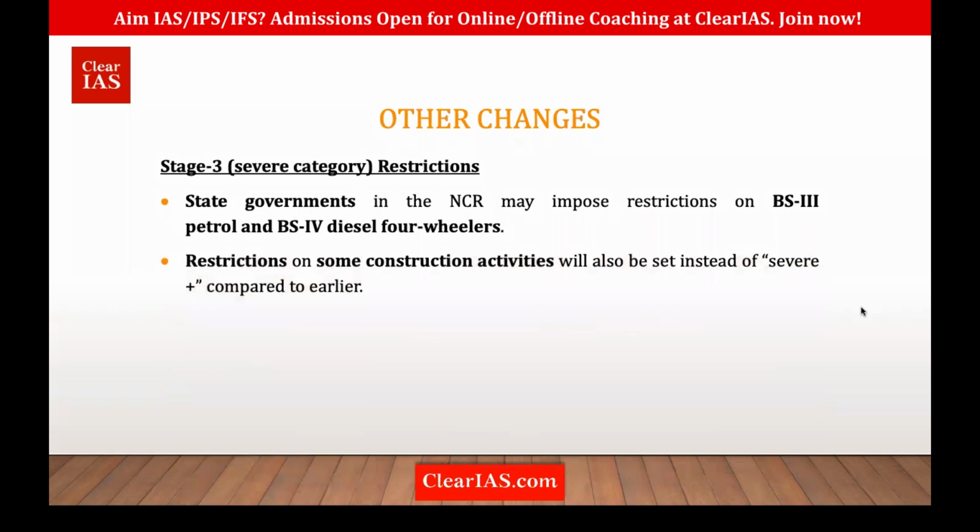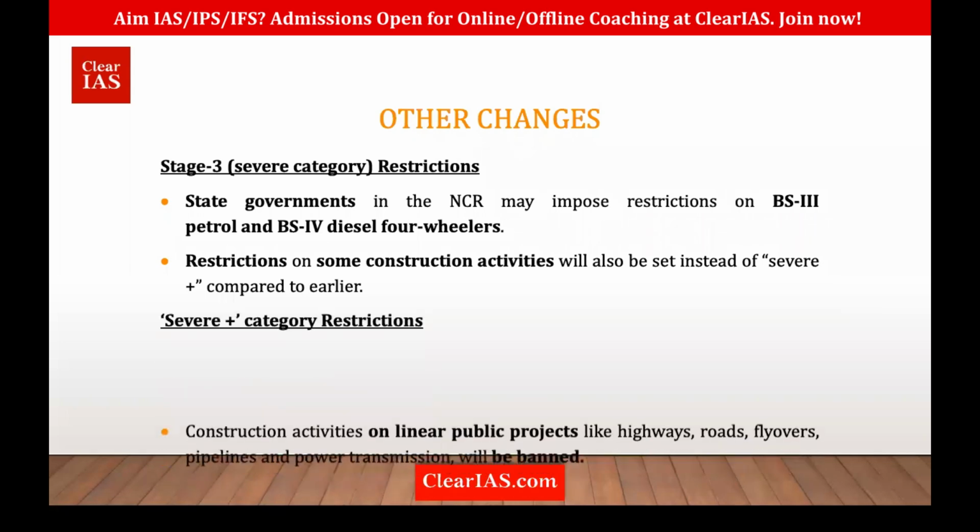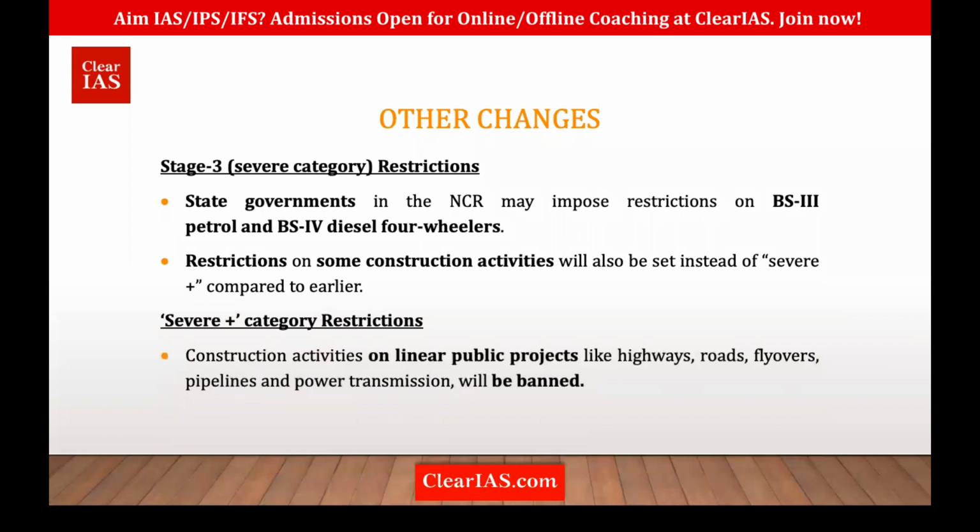And also, there should be restrictions on some construction activities, not all, which was earlier only in the severe plus category. When we reach the severe plus category, the new restriction says there should be a complete ban on construction activities on projects such as highways, roads, flyovers, etc. It should be a complete ban.